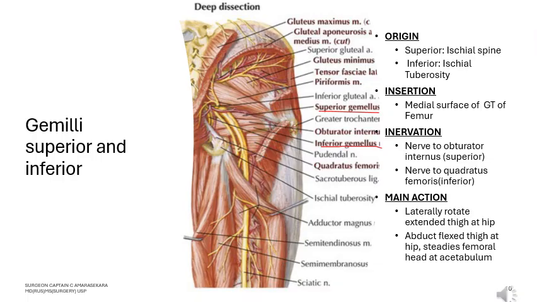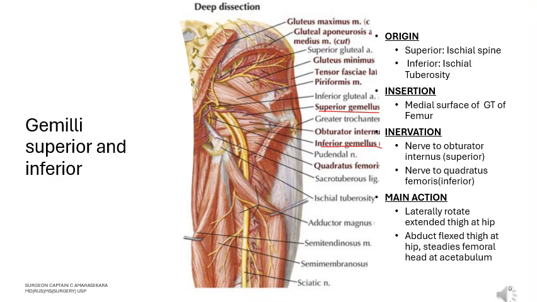The superior gemellus originates from the ischial spine, while the inferior gemellus arises from the ischial tuberosity. Both muscles insert onto the medial surface of the greater trochanter of the femur alongside the tendon of the obturator internus.